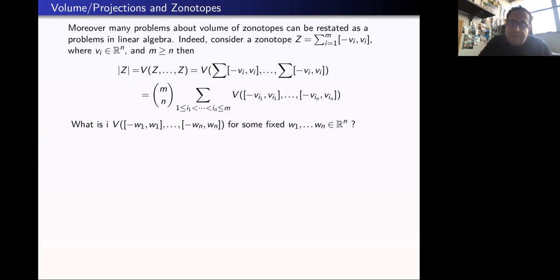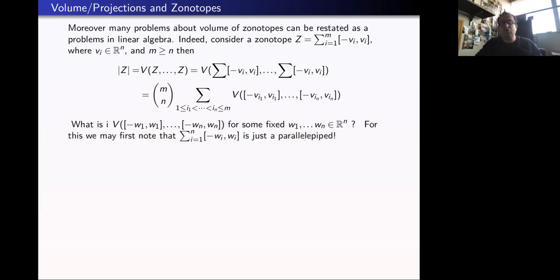Now, when you open it up, you immediately see that most of the mixed volumes will be zeros. Why? Because segments would repeat there. And so you immediately get the formula that this is simply a parallelepiped with the correct normalization due to binomial coefficients.